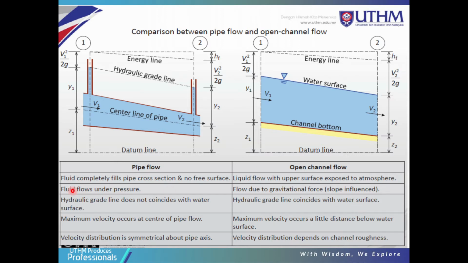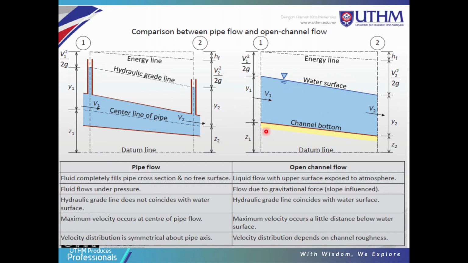Okay, so maximum velocity occurs at the center for pipe flow. Maximum velocity occurs a little distance below the water surface in open channel flow. Velocity distribution is symmetrical about the pipe axis, and in open channel flow the velocity distribution depends on channel roughness.